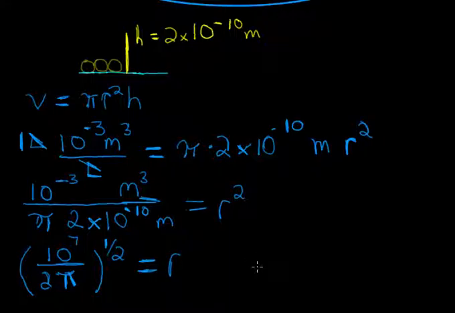Again, I'm working on getting a better on-screen calculator for you. But for right now, let's get this in here. 2 times pi, and take the square root of it, and I get 1.26 times 10 to the 3rd meters.